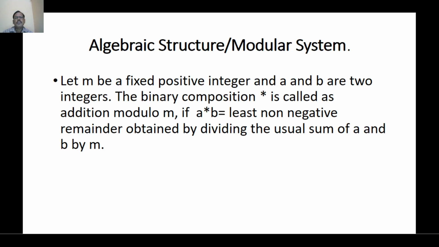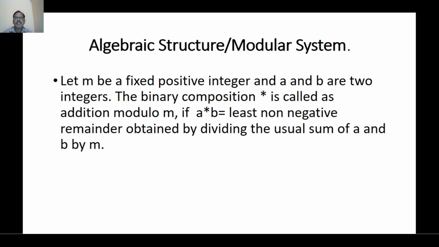The binary composition star is called addition modulo m if a star b is replaced by the least non-negative remainder obtained by dividing the usual sum of a and b by m. So a star b is replaced by the least non-negative remainder obtained by dividing the sum a plus b by m.